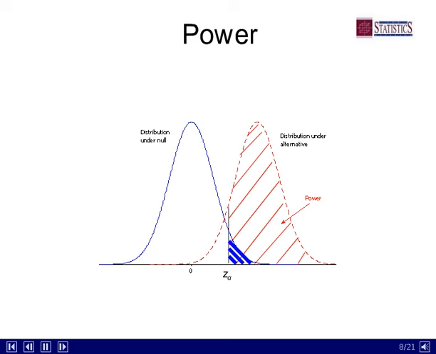Now, regardless of whether H1 is true or H0 is true, I still reject the null hypothesis when z is bigger than z alpha. So I use the same line at z alpha, and to the right of that is the power value, because the right-hand curve, the red curve, is under the alternative hypothesis. So either way, we're rejecting.